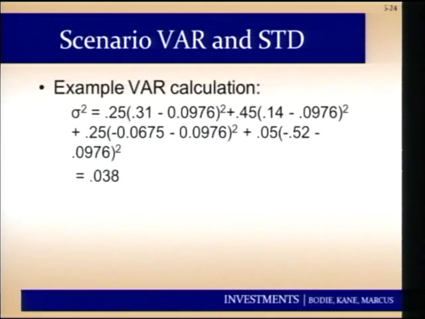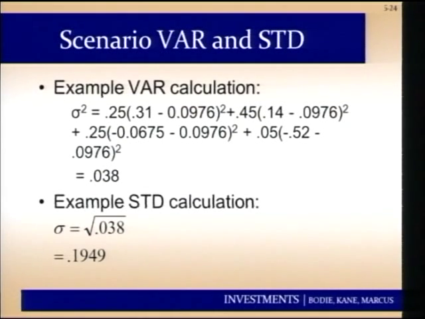Do the root. Yes, it's 0.1949. It means this data, or the return of this stock, follows a normal distribution.